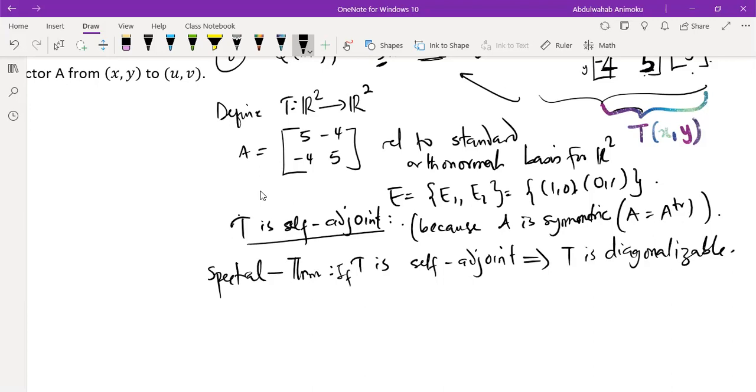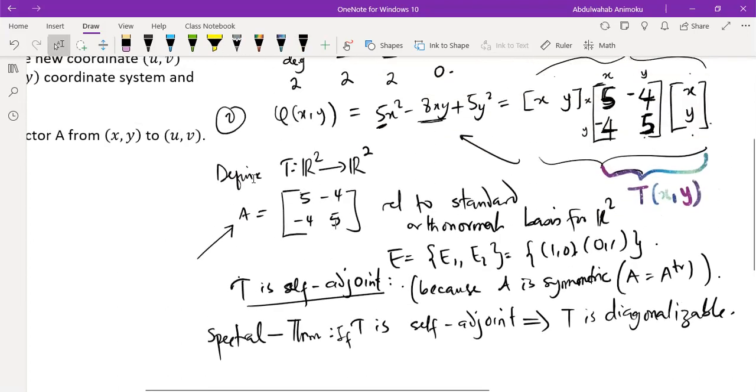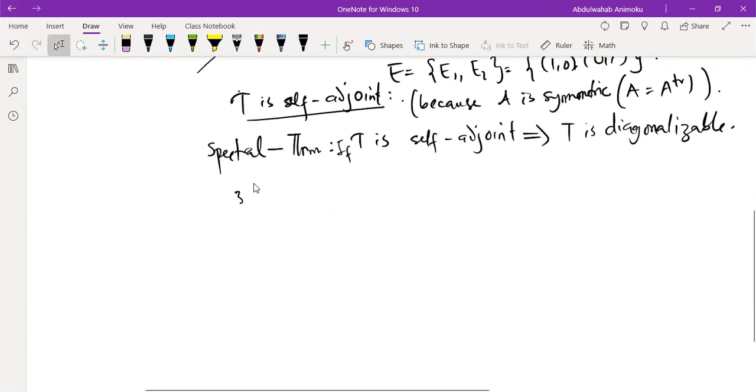Therefore, we're just going to diagonalize this so that we obtain a new matrix of transformation for this same transformation, relative to a new set of bases, which will be called the orthonormal eigenvectors, and where the diagonals of the new matrix would be the eigenvalues. So let's just go ahead and do that. This is the next part of the problem. We are going to diagonalize this.